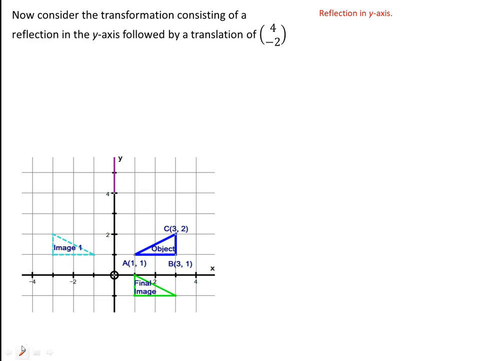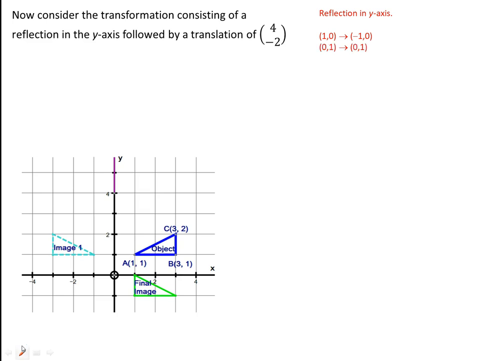It's easy to find this matrix because all we need to do is think about what happens to (1, 0) and what happens to (0, 1). First of all, if we do a reflection in the y-axis, (1, 0) becomes the point (-1, 0). And the point (0, 1) is actually on the y-axis, so when it's reflected it stays on the mirror line as the point (0, 1).